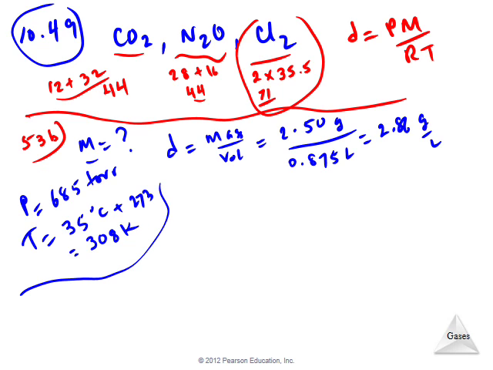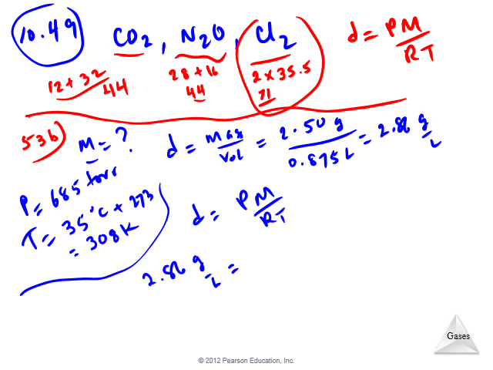Now we are going to use the formula D equals PM over RT. And density value we already know, 2.86, and 2.86 has the unit of gram per liter, so mass over volume. Pressure, they gave you the pressure unit. And the pressure has to be in atmosphere because it has to be consistent with the unit of R, which is 0.0821 liter atmosphere per Kelvin per mole.